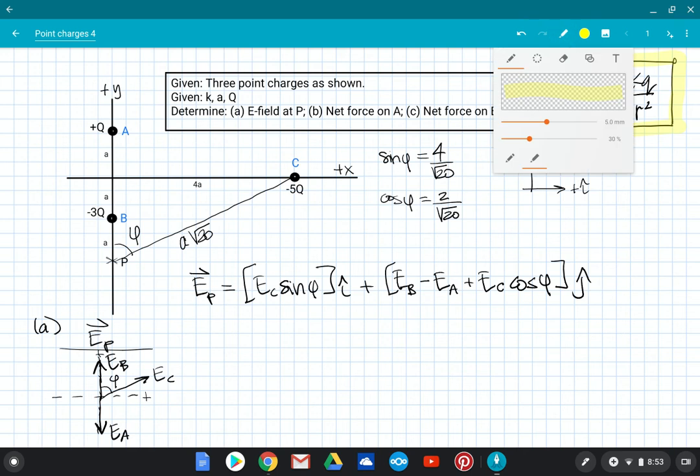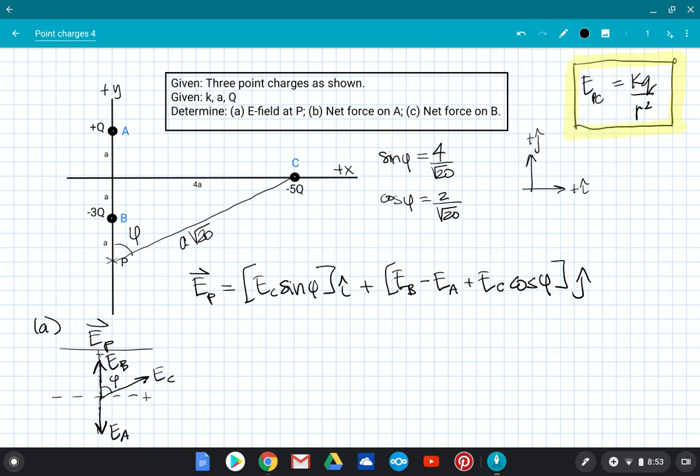So that's our general equation. To do that, I can figure these out one at a time. E sub A, again, this is at the location of P, due to A is going to be K, magnitude of charge A, which is Q, drop the sign, over the distance between charge A and the point of interest, and that distance is 3A, that'll be squared, so that's 9A squared.